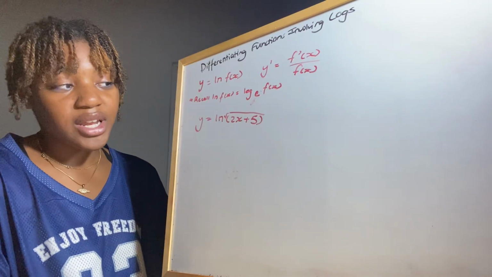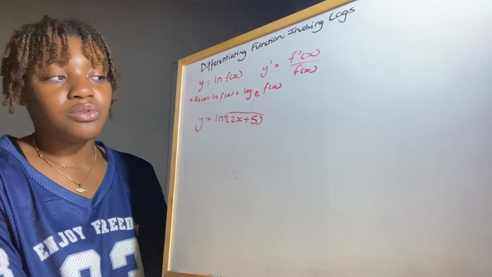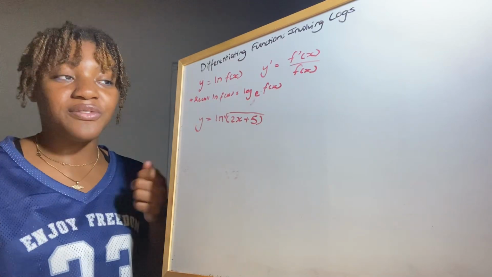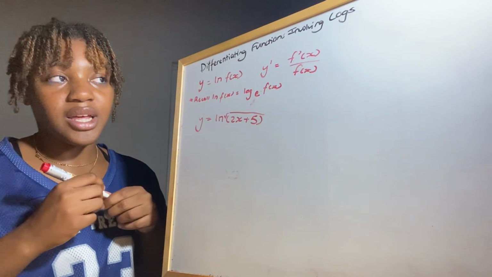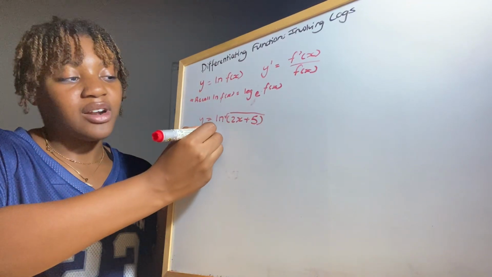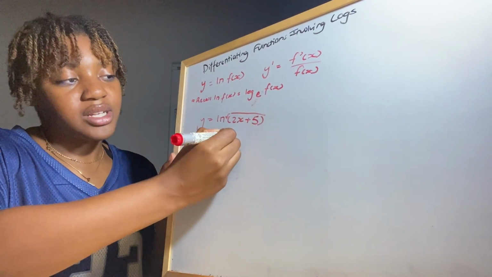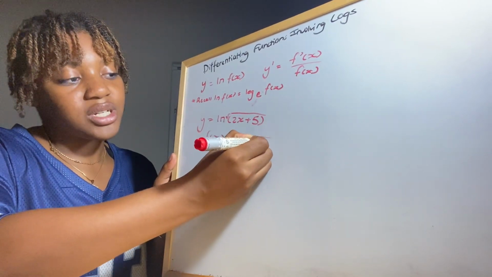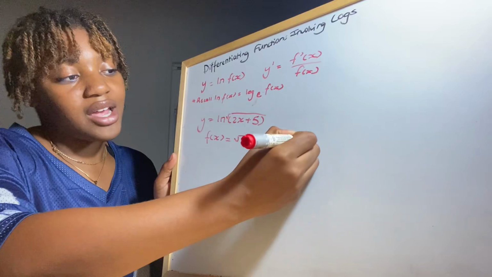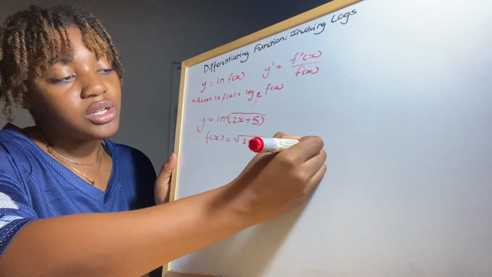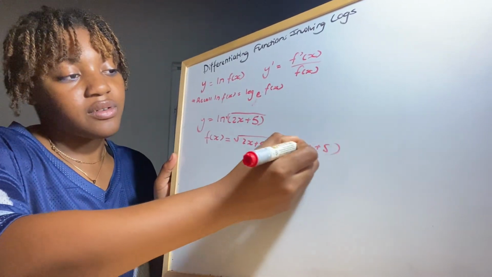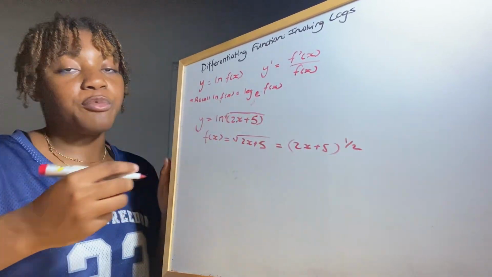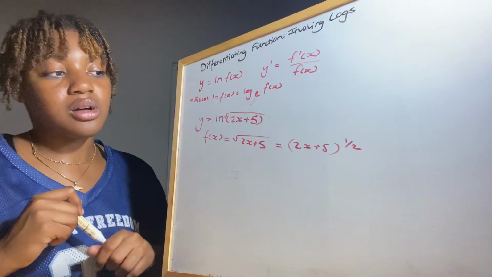Next question we're doing is y equals ln root of 2x plus 5. The first thing we'll have to do is identify our f of x. In this case, f of x would be the root of 2x plus 5, and we can rewrite this as 2x plus 5, all in brackets, raised to the half power using the indices law.